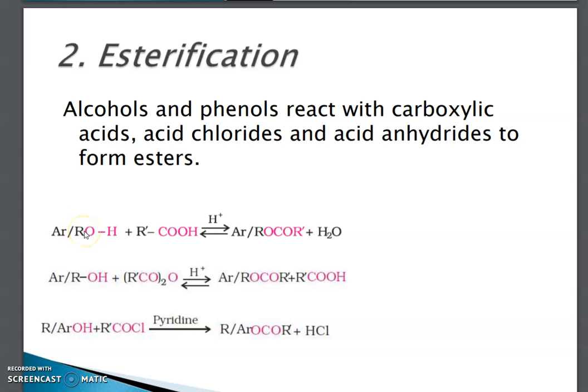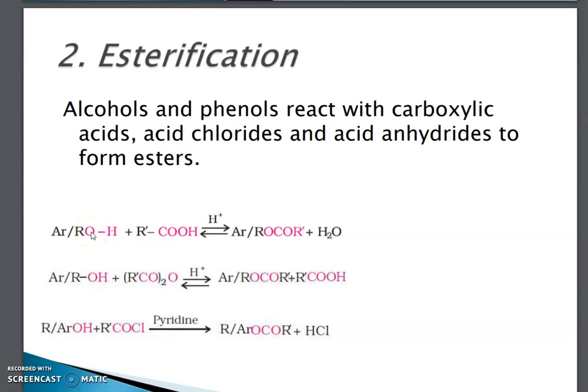If it is R, that is alcohol. If it reacts with carboxylic acid, the hydrogen of the alcohol and the OH of the acid combine and form H2O. Then the other groups attach together.